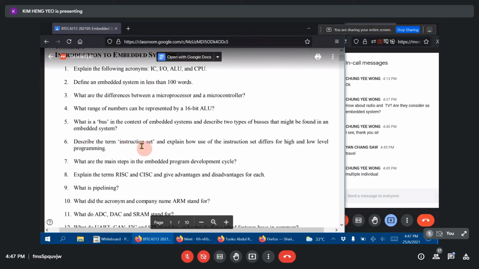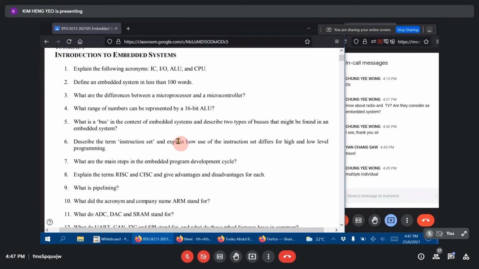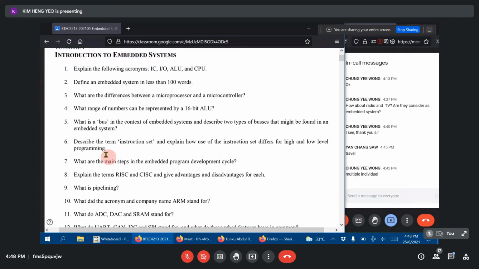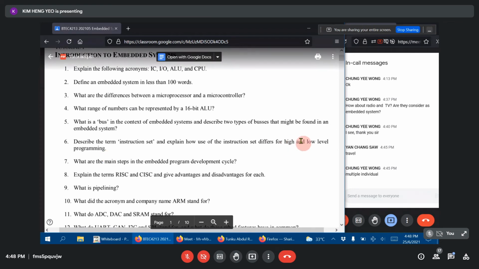Describe the term instruction set and how it is different for high and low level programming. Basically, high level programming is, for example, C, Python, Java.